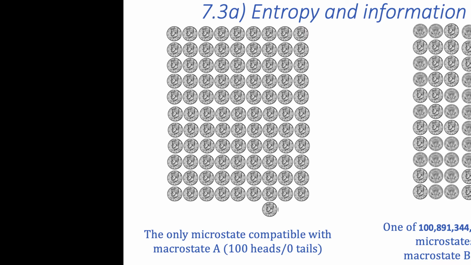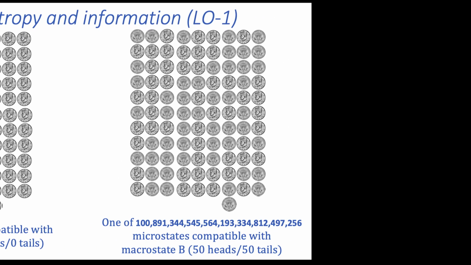At the opposite extreme, the macrostate that gives us the least knowledge about the system consists of 50 heads and 50 tails in any order, for which the number of possible microstates is exactly 100 octillion, 891 septillion, 344 sextillion, 545 quintillion, 564 quadrillion, 193 trillion, 334 billion, 812,497,256.